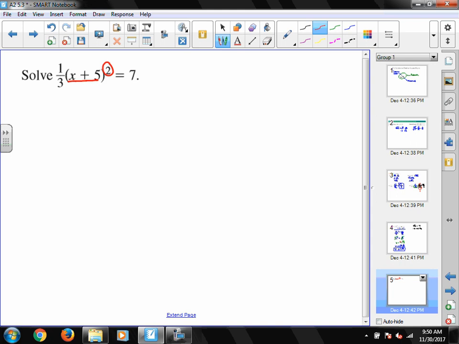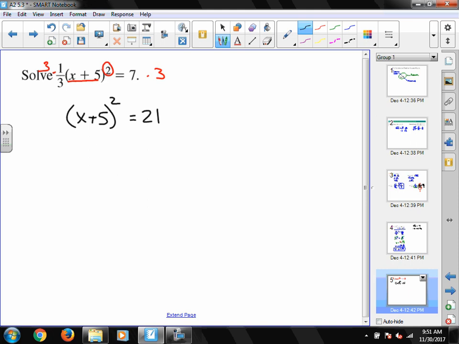Well, to get rid of fractions, you multiply by the reciprocal. So, instead of dividing by 1/3, we're going to multiply by 3 on both sides. So, 1/3 times 3 is just going to leave me with x plus 5 squared is equal to 21.